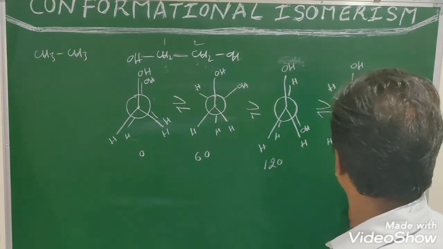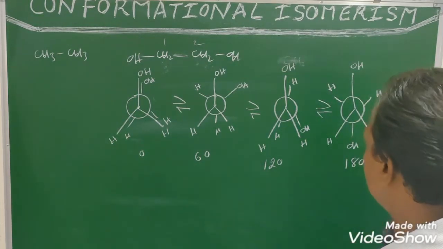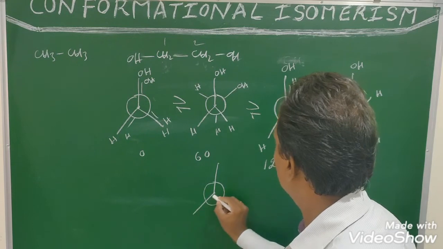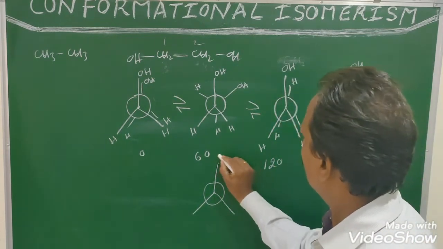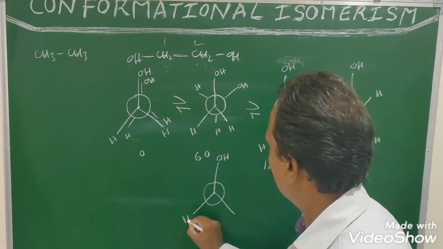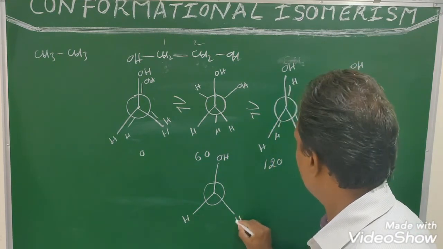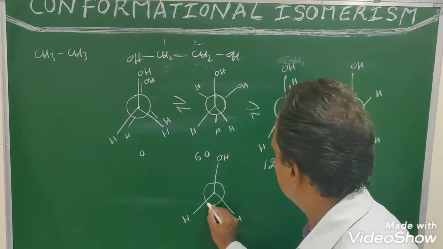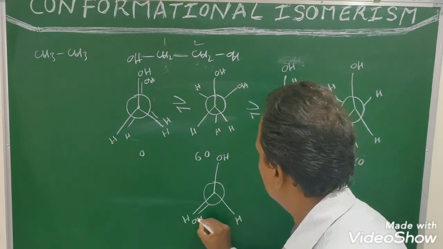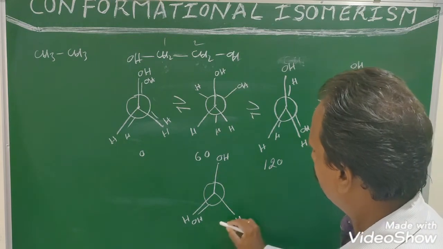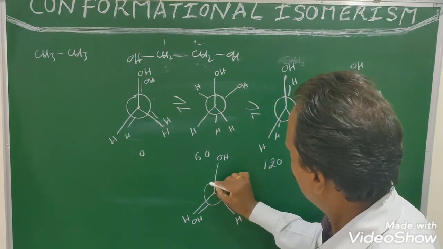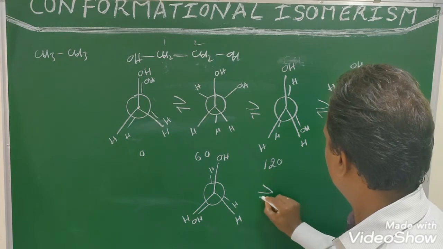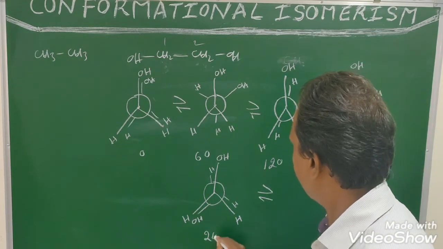Another isomer has dihedral angle 180 plus 60, that is 240.